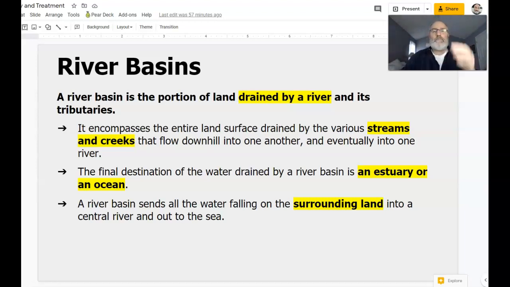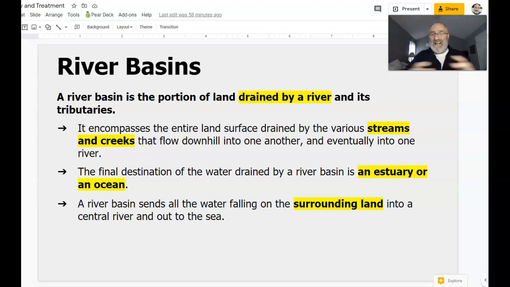Every single drop of water that falls on the earth is either going to end up in groundwater or be carried into creeks, streams, rivers, and eventually out to the ocean. Well, all of the land that is drained into one particular river, or all of the land where the water that lands there is carried into one particular river, is what we call a river basin.